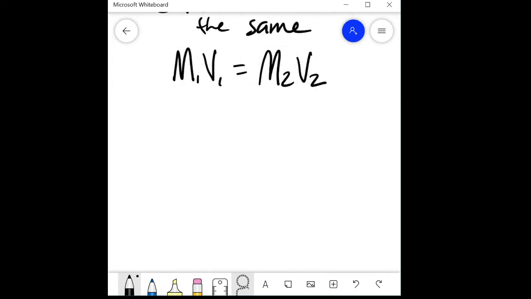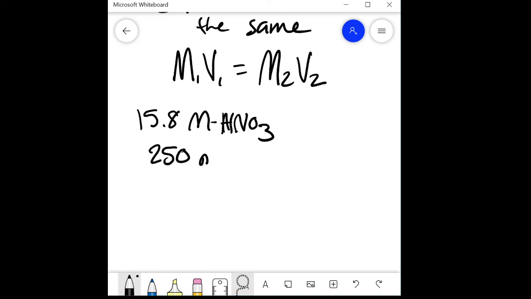So let's do an example. So we're solving for the volume, and we have 15.8 molarity of HNO3, and how much volume is required to make 250 milliliters of a 6 molar solution.